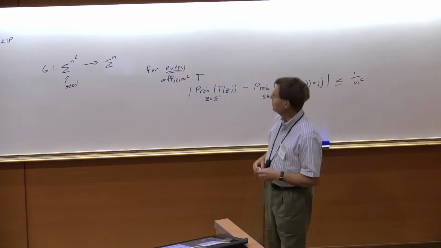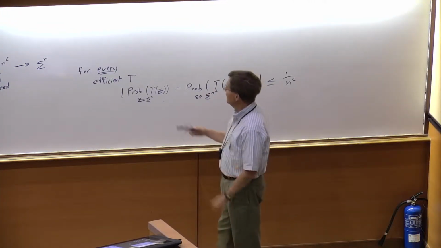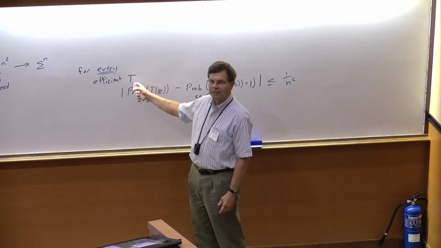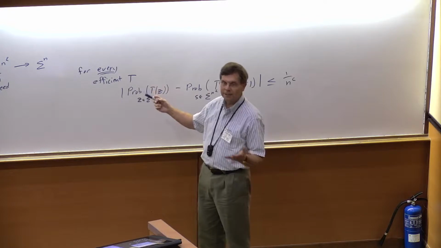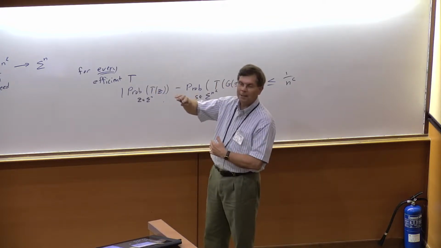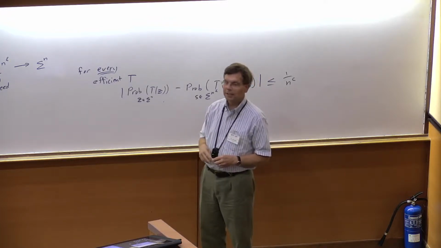And so what that's saying is if these things exist, efficient tests, among other things, can't distinguish high time-bounded Kolmogorov complexity from low time-bounded Kolmogorov complexity.